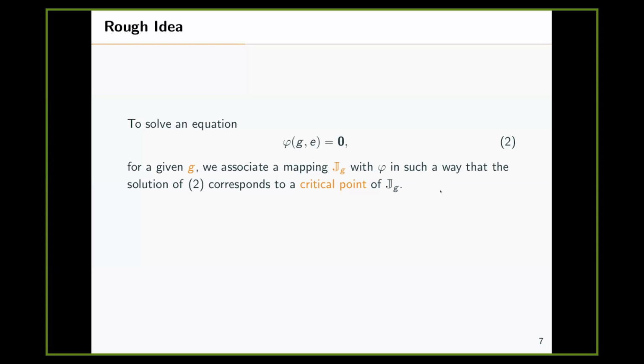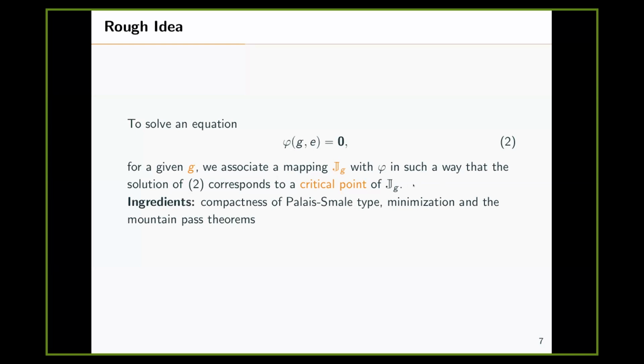So indeed, we are transforming our problem to finding the critical point of well-chosen mappings. And here come into play these tools from critical point theory: the minimization theorem, the mountain pass theorem, and compactness, well known as the Palais-Smale compactness. In the proof of the theorem, I will show how they are all connected.